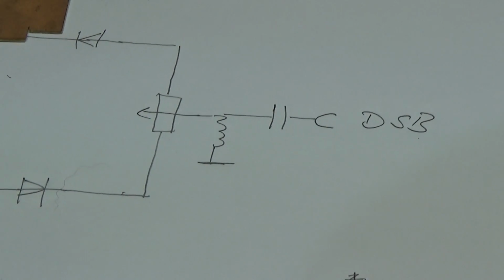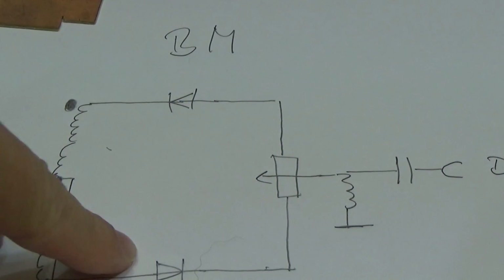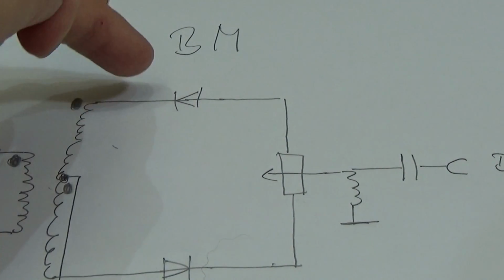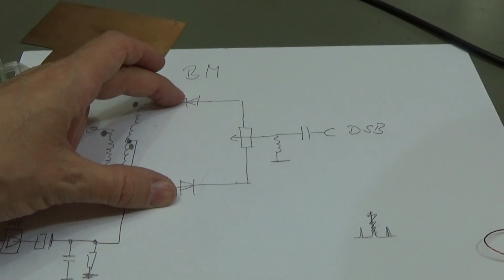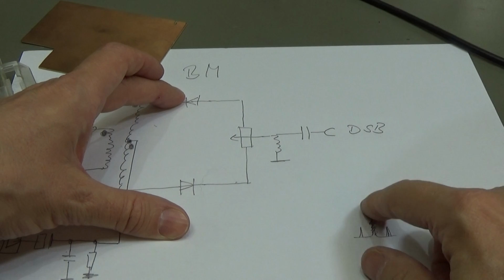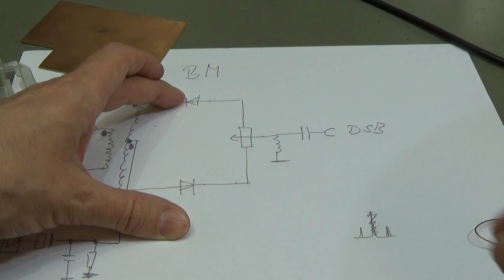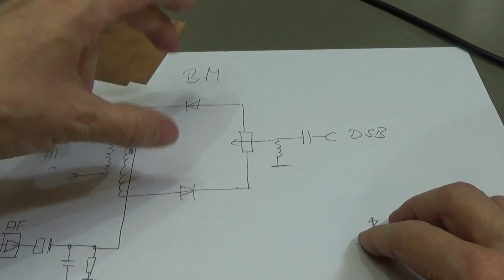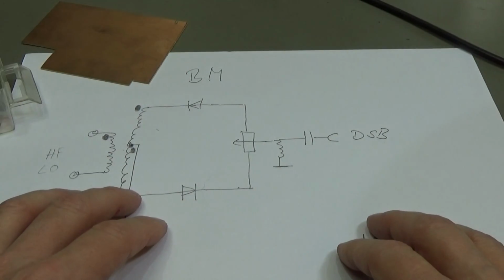Even if we are not able to have really equal diodes as we should, and if they are a little bit different, that always means that the performance of this reduction is getting worse. But anyway, that is not our problem today. We just want to show how it works.